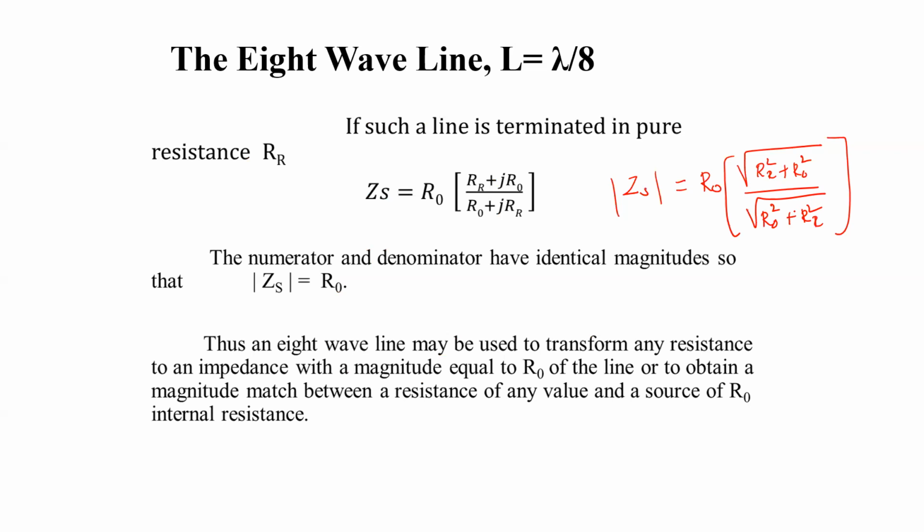Now the numerator and the denominator are the same, so they cancel and you get the magnitude of ZS as R0. So we can say the eighth-wave line is used to transform any resistance to an impedance with magnitude equal to R0 of the line. Clear?